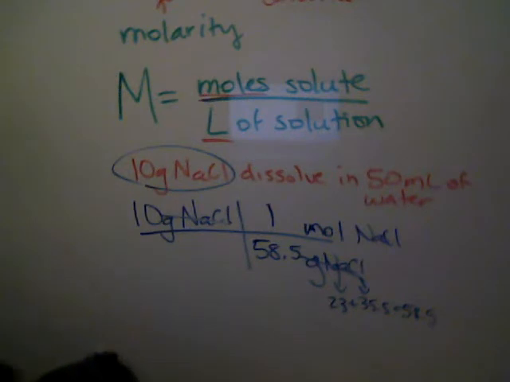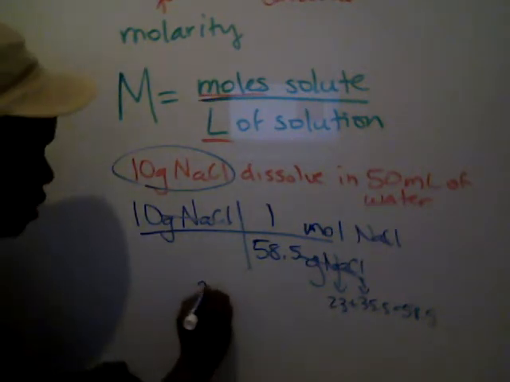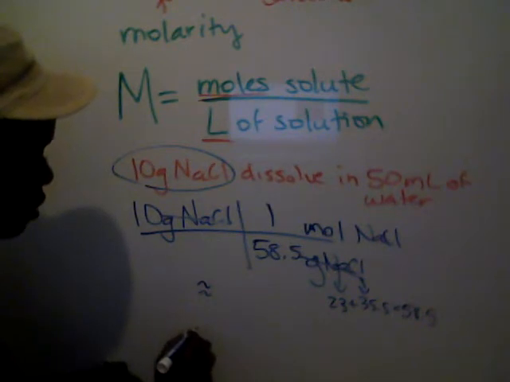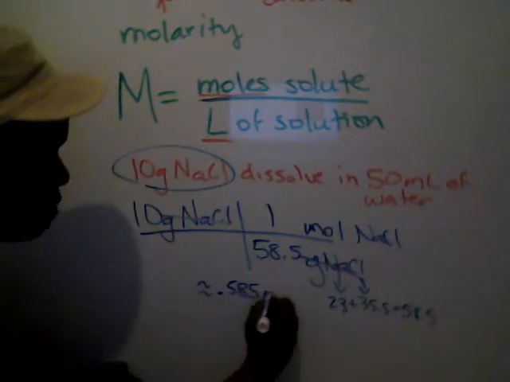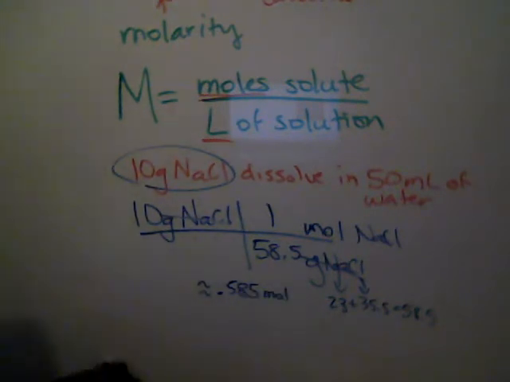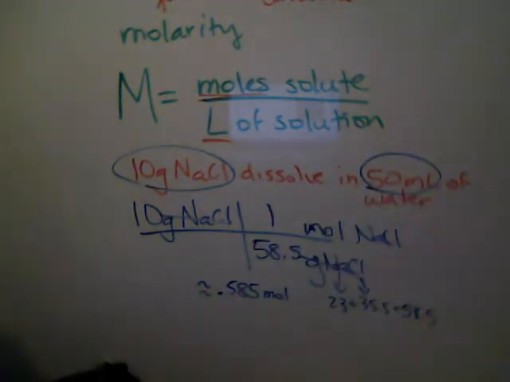So if we do that calculation, we end up with, say, that's like 0.585 moles. Now, the other issue is we have to convert this into liters. If we have 50 milliliters, we have to convert that into liters.